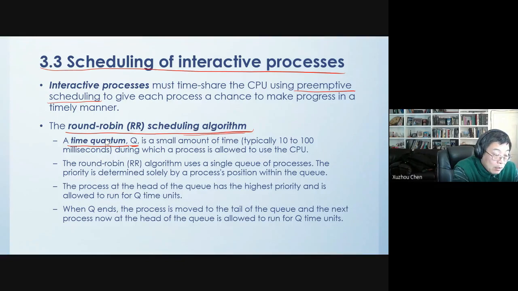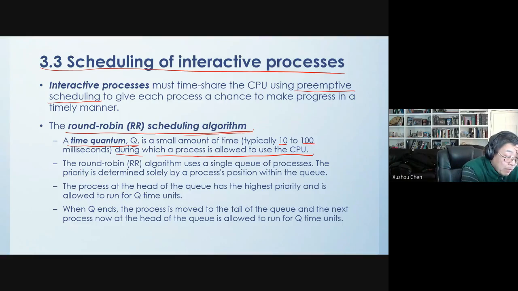A time quantum is a small amount of time, typically 10 to 100 milliseconds, during which a process is allowed to use the CPU. That means every 10 to 100 milliseconds, the scheduler switches a process.